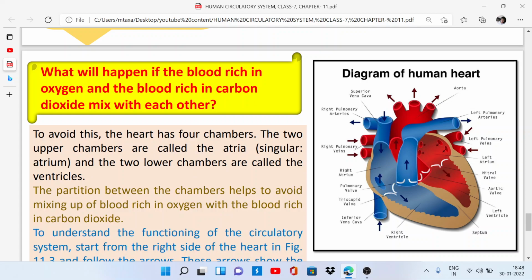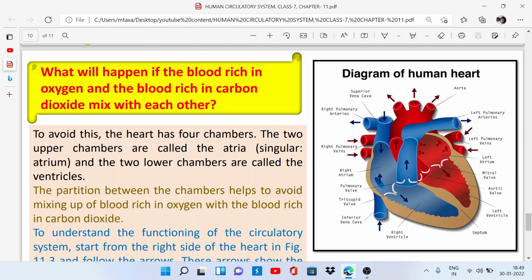When there is a mixing of oxygen and CO2, the reaction will not efficiently complete, and we are not getting energy efficiently from the food that we are taking, because the amount of the required oxygen will decrease by the presence of carbon dioxide.